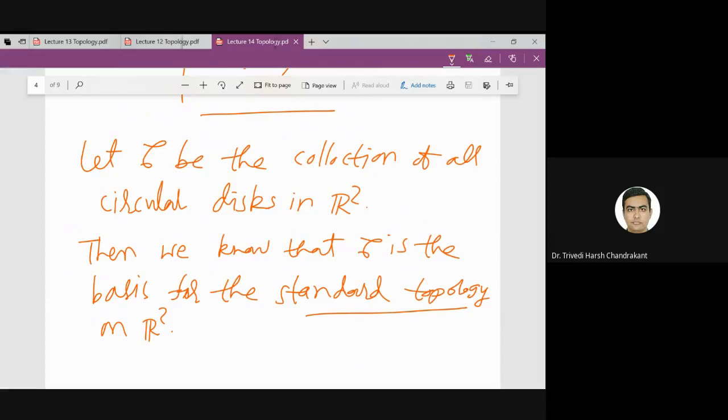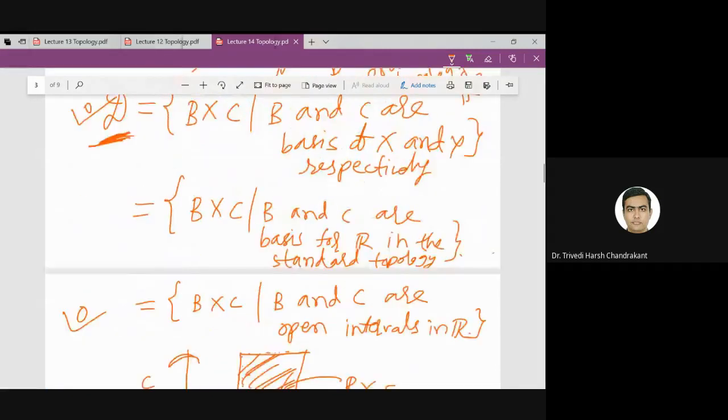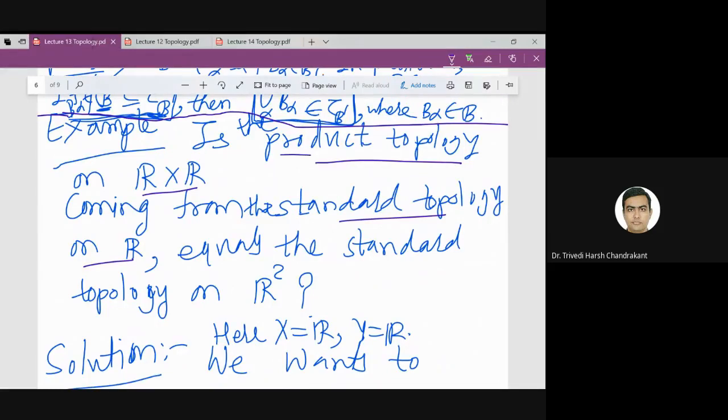So the question is that this is also a topology on R2, and this is also a topology on R2 generated by this basis, whether these two topologies are the same or not. That is the question: is the product topology on R2 coming from the standard topology on R equal to the standard topology on R2?